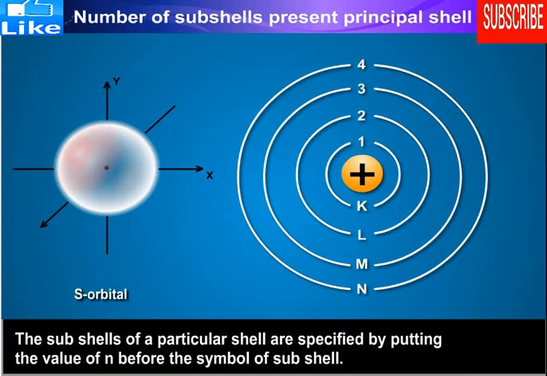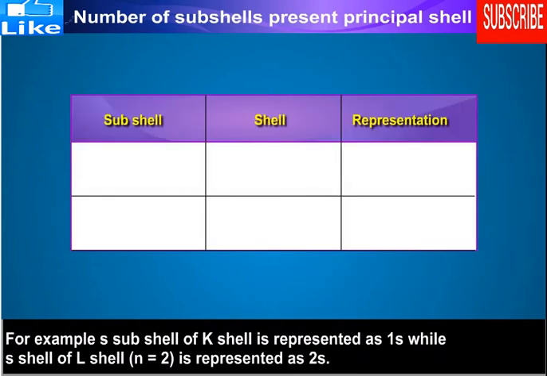The subshells of a particular shell are specified by putting the value of n before the symbol of the subshell. For example, s subshell of K shell is represented as 1s, while s subshell of L shell, n equal to 2, is represented as 2s.